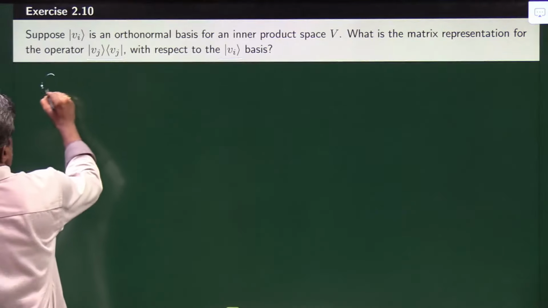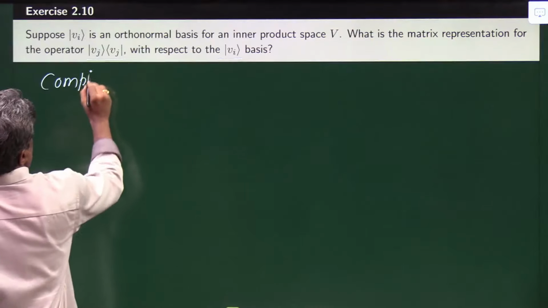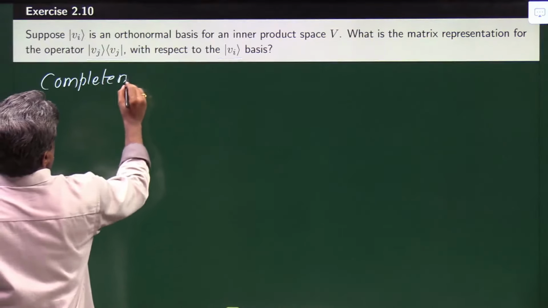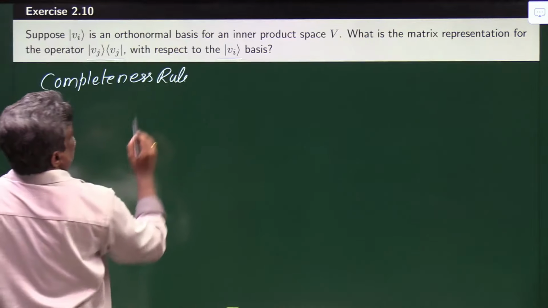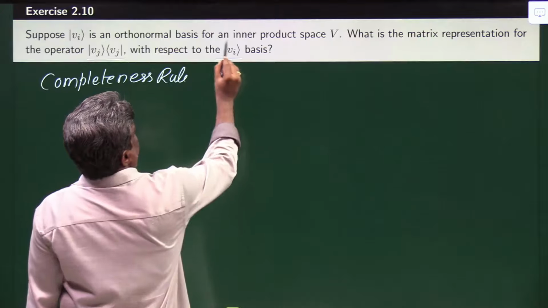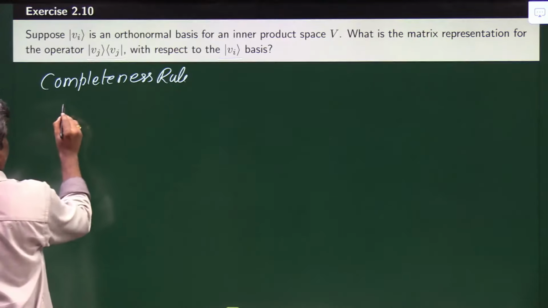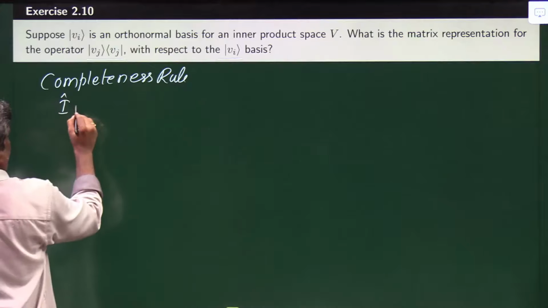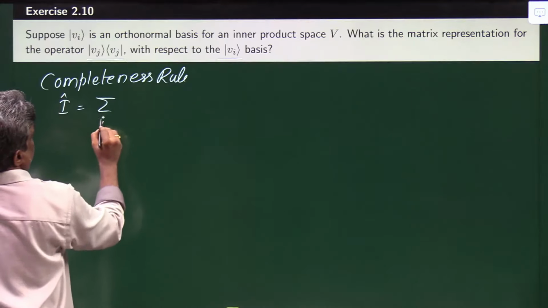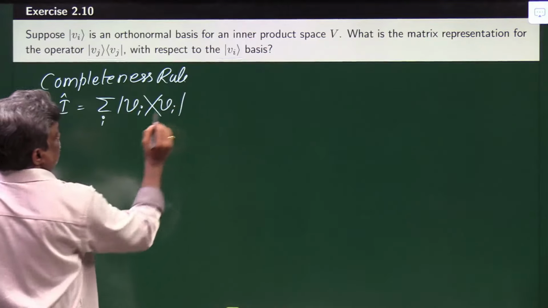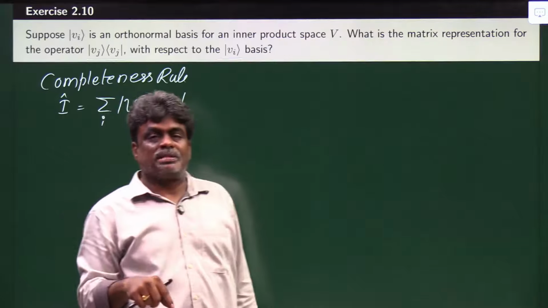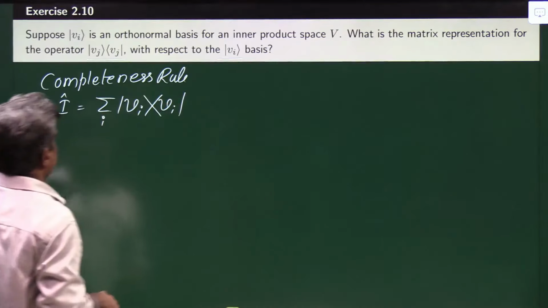Okay, so one more time, completeness rule. So here they want to change into this basis, that's why we can write the completeness rule: the sum over i of the outer products of the basis states is always equal to the identity operator.